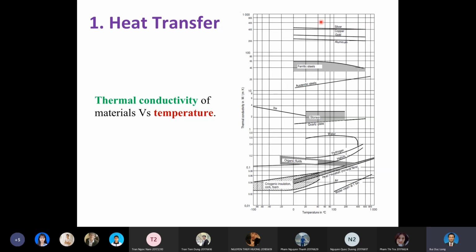You can see that silver has a thermal conductivity above 400 watt per meter Kelvin. For copper, the thermal conductivity is around 400 watt per meter Kelvin, followed by gold and aluminum.